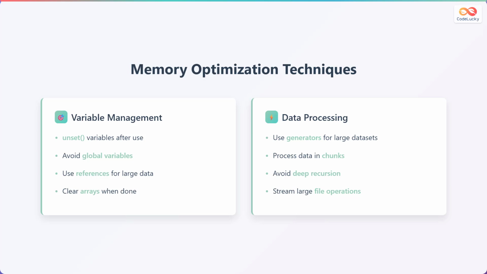In terms of data processing, leverage generators for handling large datasets efficiently. Process data in chunks to minimize memory consumption. Avoid deep recursion, which can lead to stack overflow errors, and stream large file operations to prevent loading entire files into memory at once. By applying these techniques, you can drastically reduce your application's memory footprint and improve its overall efficiency.